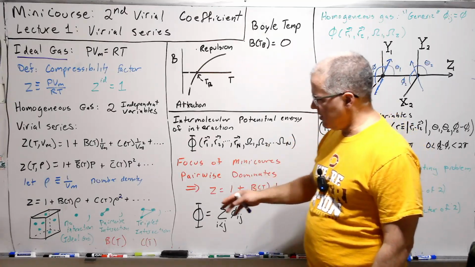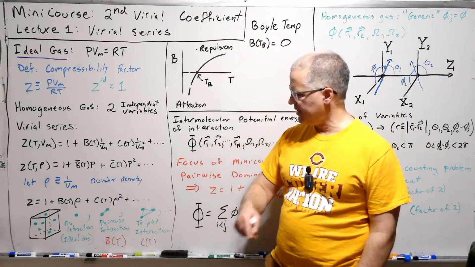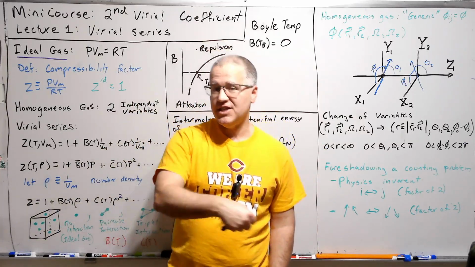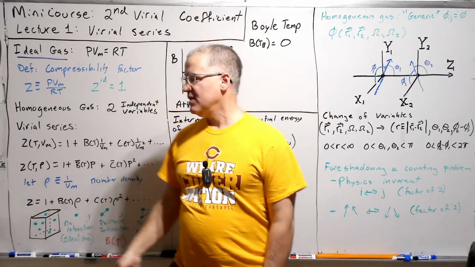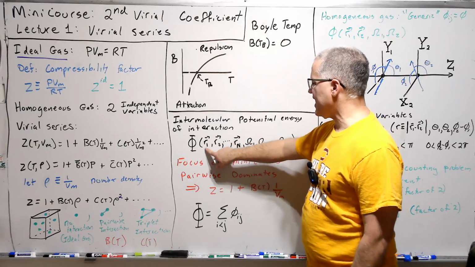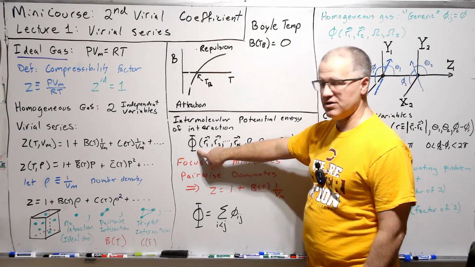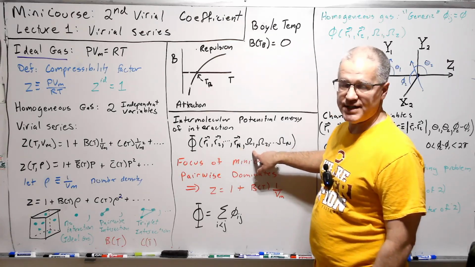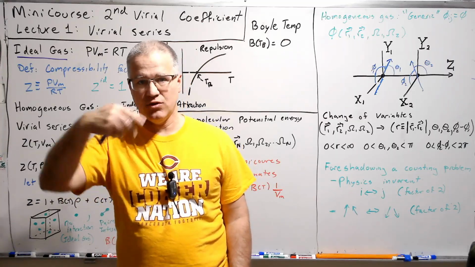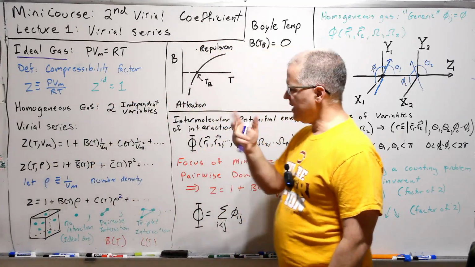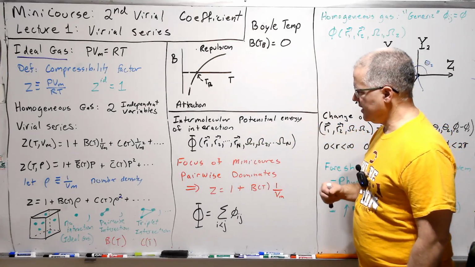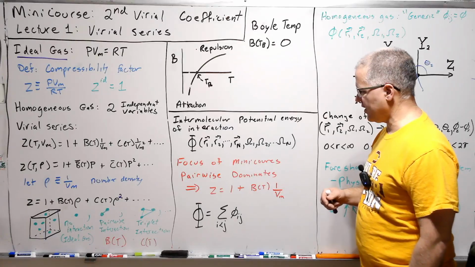But in general, all of these particles, this particle over here, the potential energy it feels is due to all the other particles. So in the most general form, the potential energy of interaction is going to depend on every particle's position and orientation. If the particle, let's say, is a polar molecule or something, and orientation matters. If it doesn't, then it would only depend on its positions in the container.